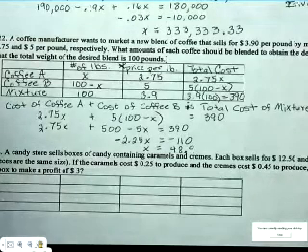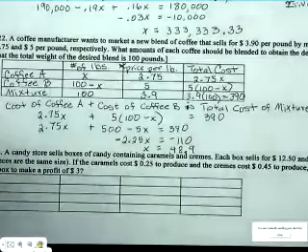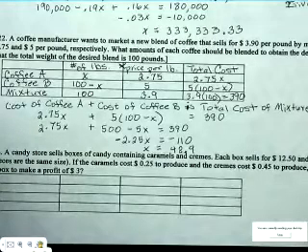Don't go back to this Starbucks manager and say X equals 48.9. Say what? That X is pounds of coffee. It's not $48.90.